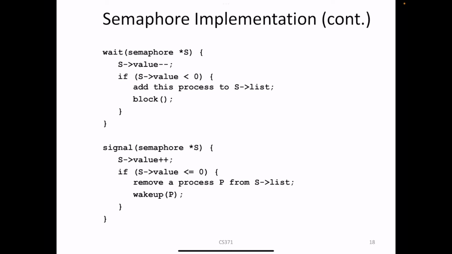Then one process calls the signal function, and the semaphore becomes -1. So one process will be removed from the waiting queue and woken up. And so on and so forth. According to the aforementioned example, you can see that the absolute value of the integer is equal to the number of processes currently on the waiting queue.